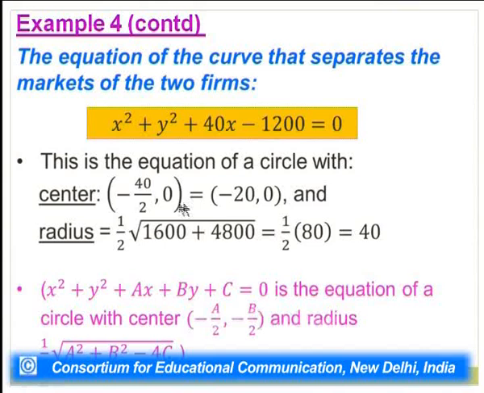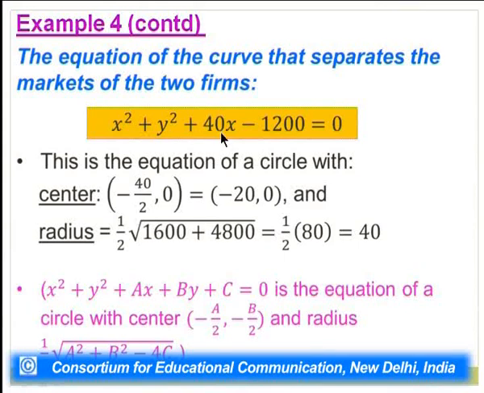The center is given by minus the coefficient of x divided by 2, so that will be minus 40 divided by 2, comma, minus the coefficient of y, but there's no y term here, so that will be 0. So this is the equation of a circle with center minus 20 comma 0, and the radius is going to be half under root a square, which is the coefficient of x squared.